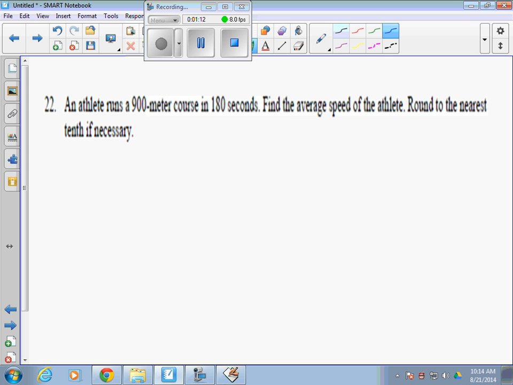22 says an athlete runs a 900-meter course, 900 meters distance, in 180 seconds time. Find the average speed. Remember, average speed is rate of the athlete. Round to the nearest tenth if necessary. So you're looking for rate equals distance over time again.